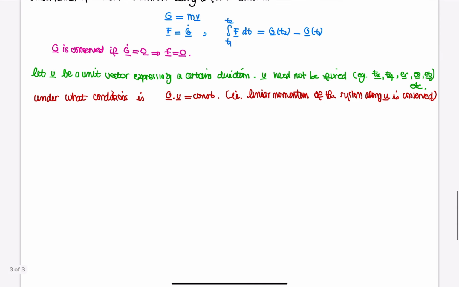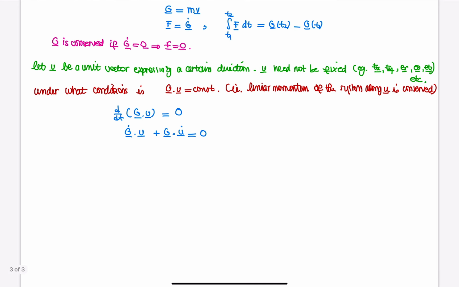Well, let's take the derivative of this expression. If G dot U is equal to a constant, then the derivative of that expression is just equal to 0. On the left-hand side, using the product rule, I'll get G dot dot U plus G dot U dot. Remember, U is not constant. That's equal to 0.